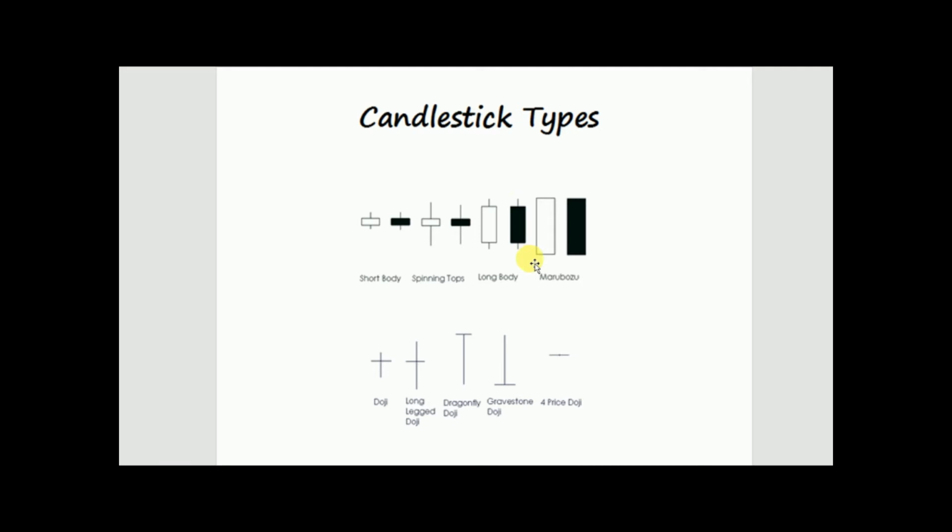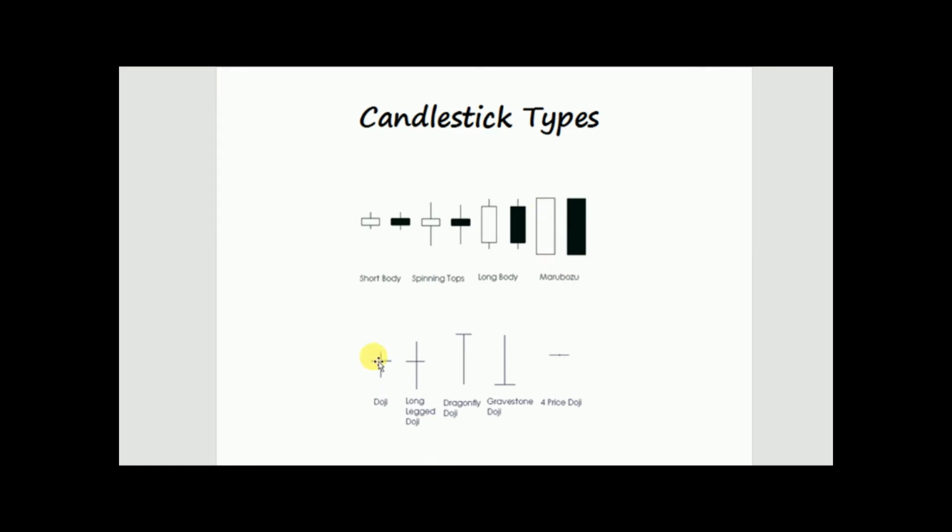A long body which is down is a bad day, it's a bearish indicator. So if it opens on a higher level and then closes down and the candle is long, then usually that spells trouble. We also have marubozu, a solid body wherein the open is the same as the low and the close is the same as the high. So for both an up day or a bullish candle and a bearish candle.